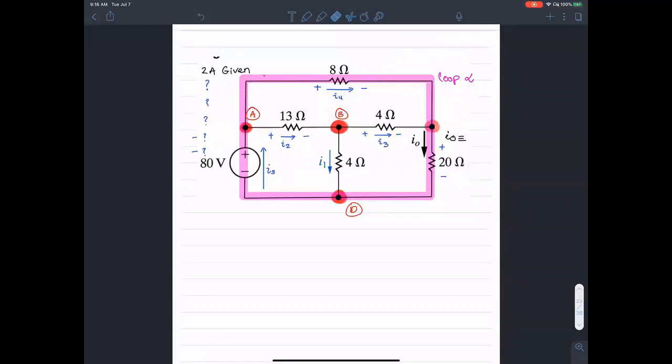That way it's cleaner. All right. So this is called loop alpha, and I'm going to apply KVL around loop alpha.